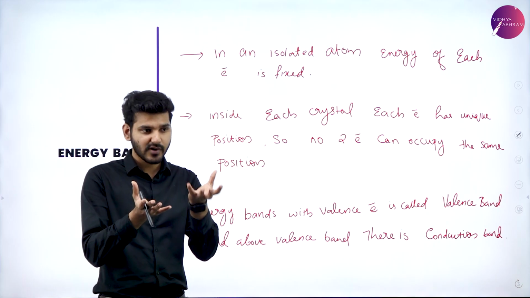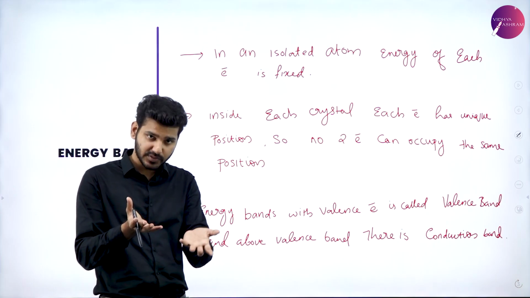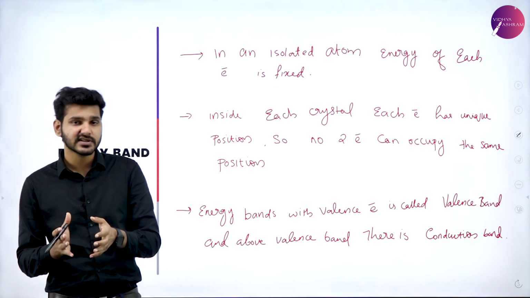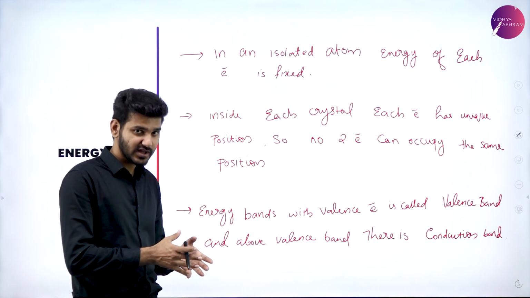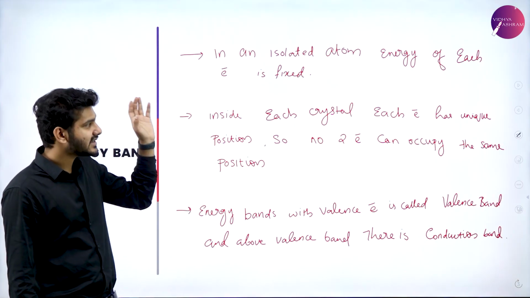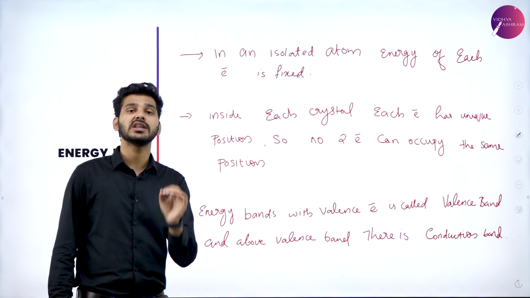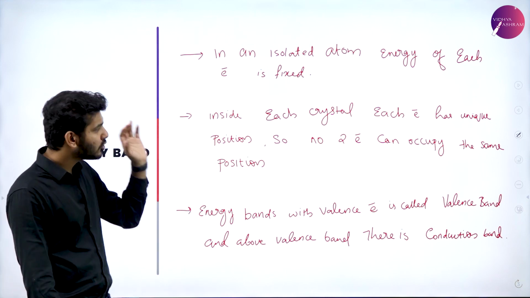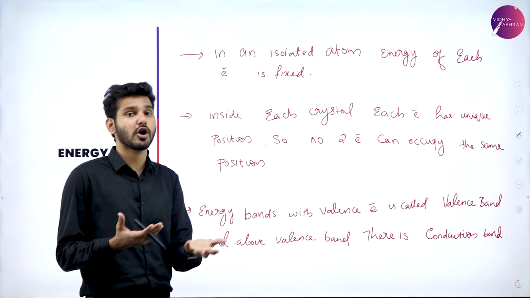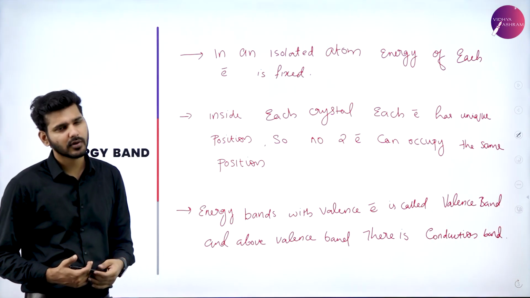Either the spin will be different, or the orbital will be different, or some part of their characteristics will be different. So each electron will have a unique identity, so that no two electrons can occupy the same position. That will be a quantum anomaly, which is not possible.